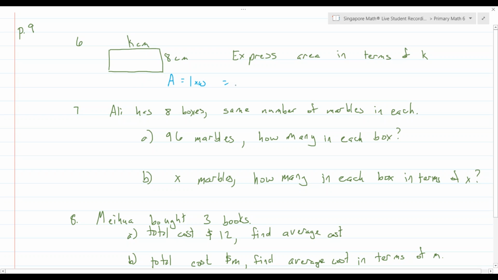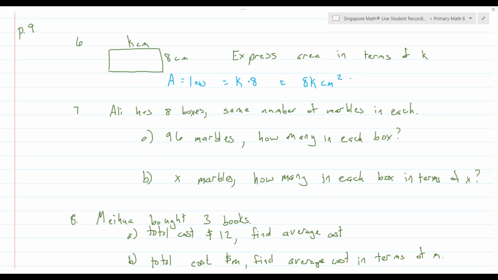In this case, I don't know the length, I do know the width. And so the normal format for k times 8 is just to call it 8k, and units, because it's area, we know are going to be square centimeters.